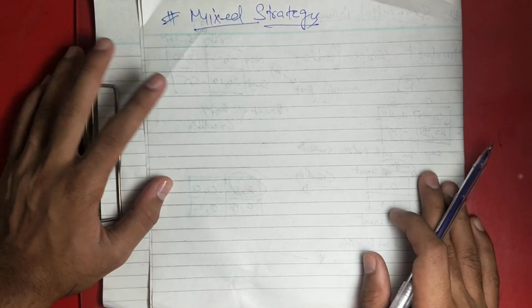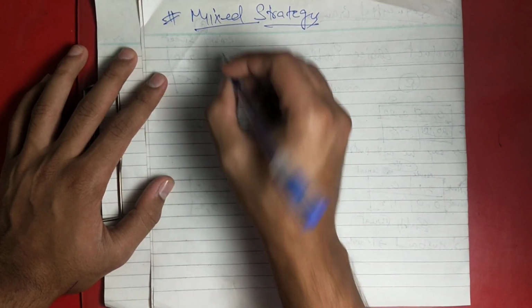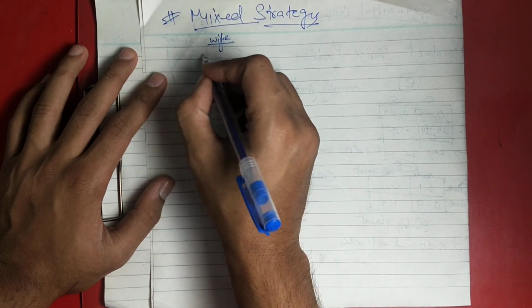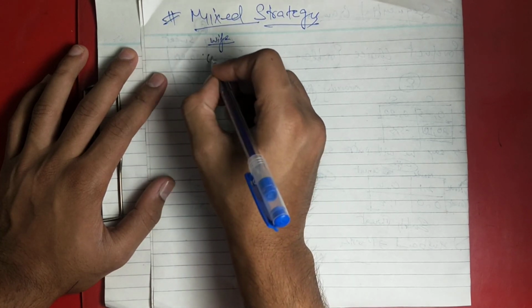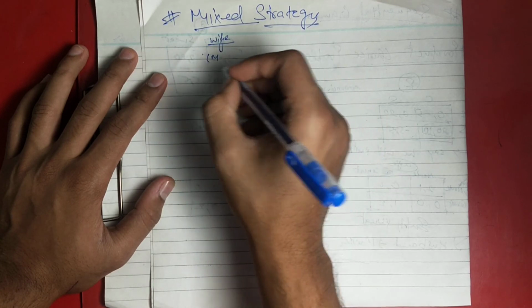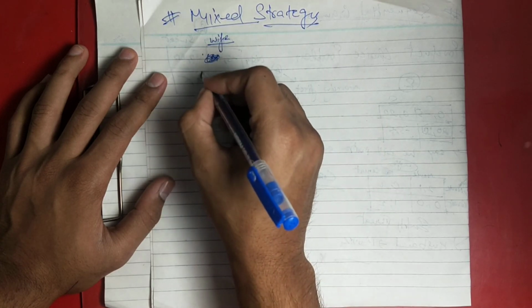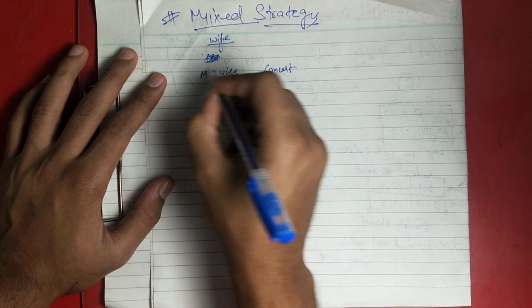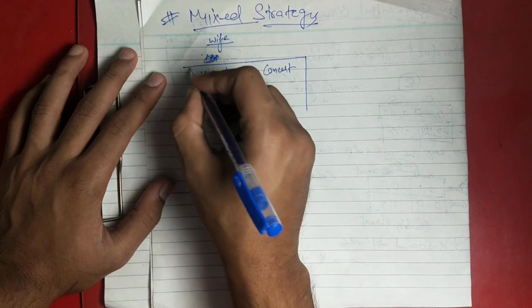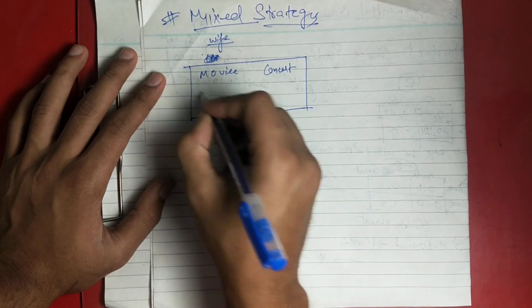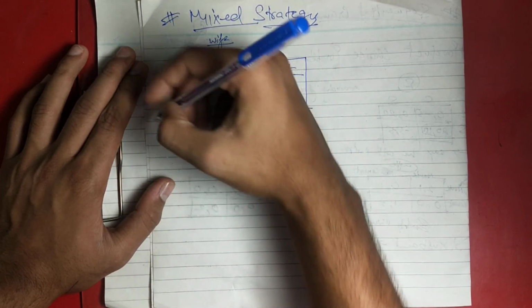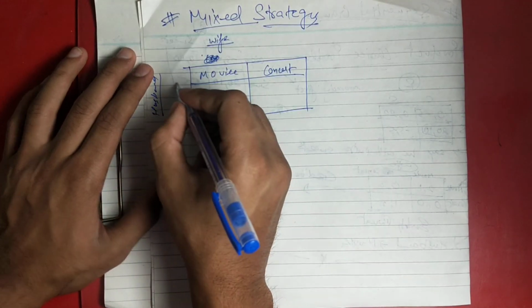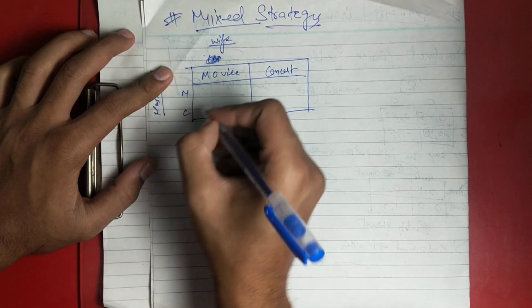Okay, and we will stick to our wife and husband example. Wife, I'm writing, wait, movie, concert, husband, movie, concert.